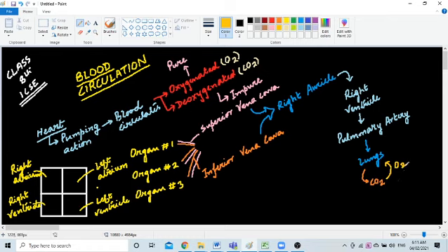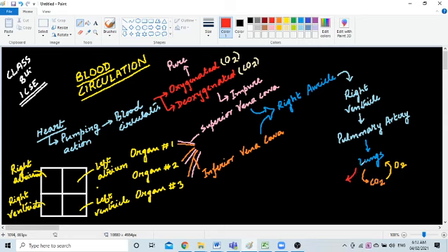So this actually makes your blood oxygenated, or it purifies your blood. Now from this lung the blood becomes pure, so that's why I'm representing it with a red color here.